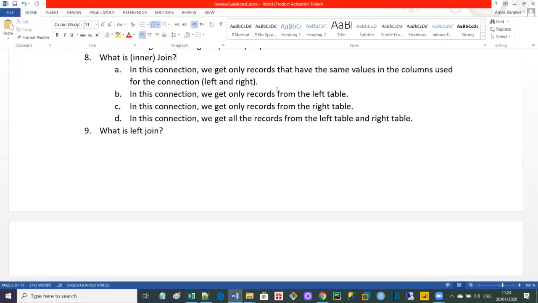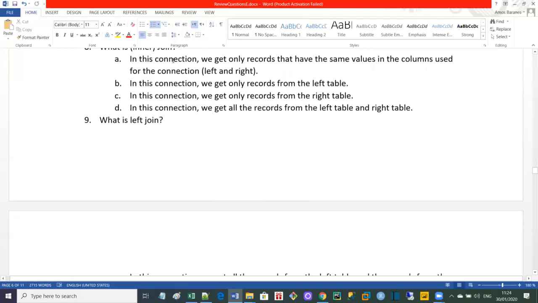Therefore, when we use join, it will be only rows that in both tables have the same value in the columns we're joining those two tables on. Please see the video I made for Introduction to SQL.